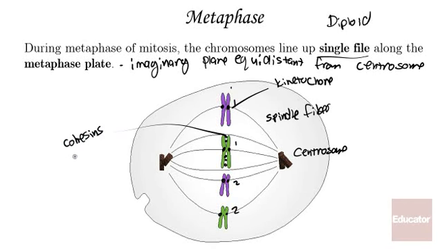Okay, so cohesins are proteins that hold sister chromatids together. These have to be cleaved so that the 2 chromatids can separate, but generally sister chromatids are held together via cohesins.